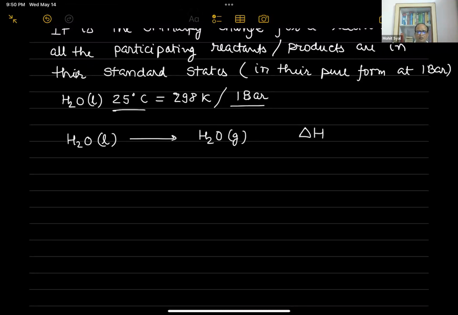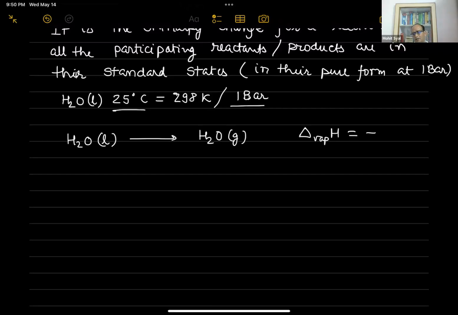Is it clear? So standard enthalpy change for, let's say, vaporization, standard enthalpy change for fusion. Standard enthalpy change for vaporization is written like this. You write a subscript at the bottom of delta, and accordingly you write the value with sign.